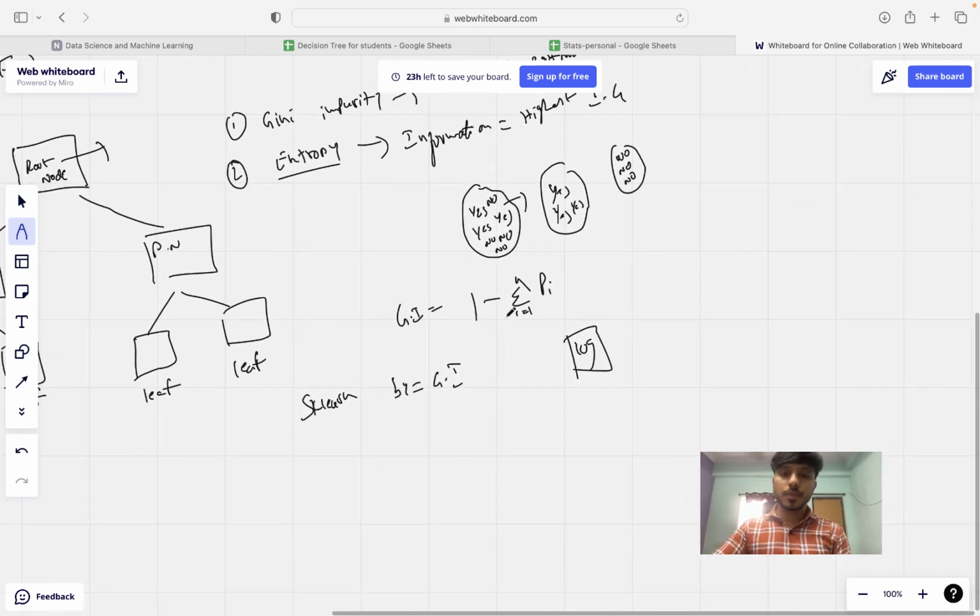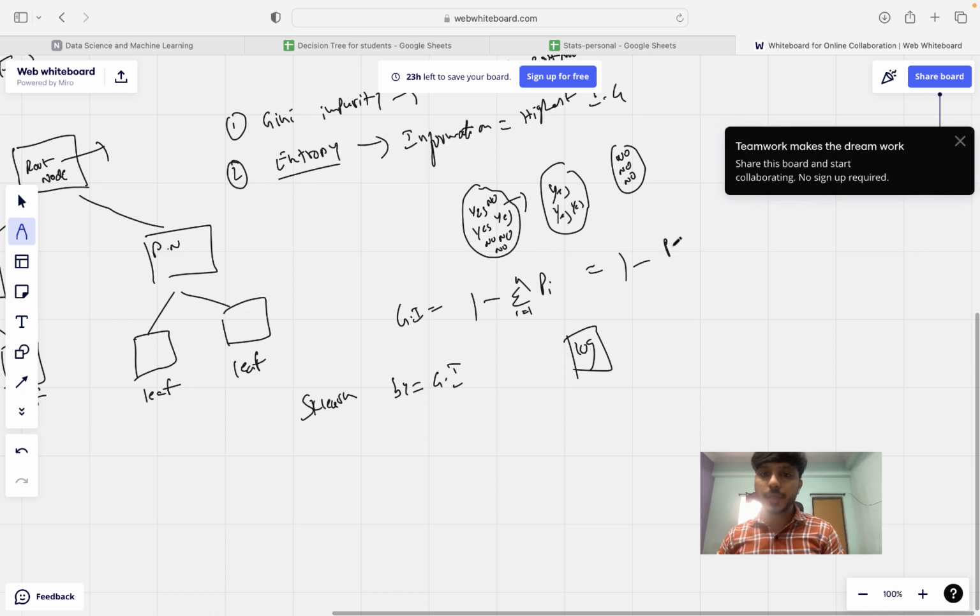P_i means, based on the classes, the probability of yes and the probability of no, because I have only two classes. That would be my formula: 1 minus p of yes minus p of no. That is what I'm going to calculate now.